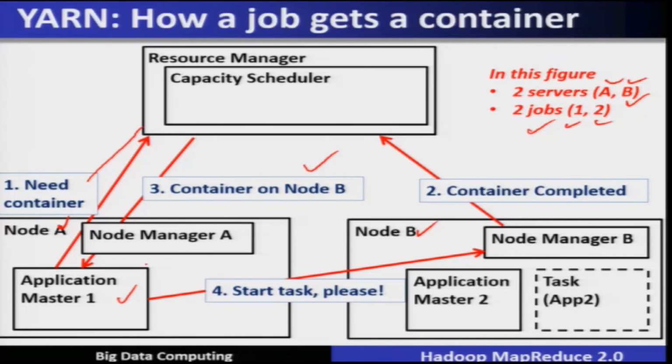So, after allocation, it is informed to the application master, and the application master in turn contacts the node manager and starts the execution on these containers. And once the application execution is over, the application master will inform, and the containers will be returned back.